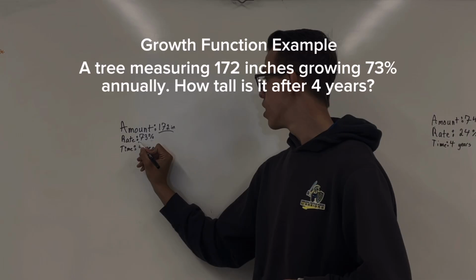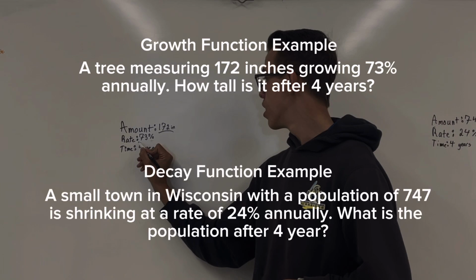And our question is, how big is it after 4 years? And also, our decay function is a small town in Wisconsin with a population of 747 people is shrinking at a rate of 24% annually. And our question is, what is the population after 4 years? Okay, thank you. That's it.